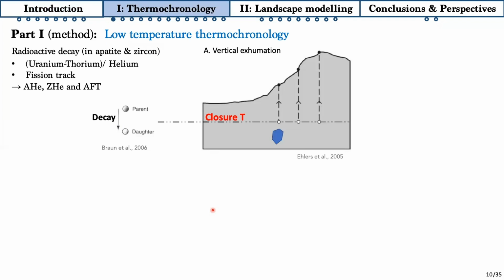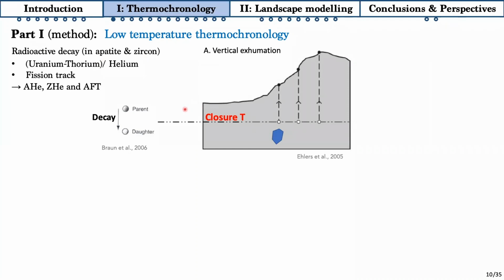For the first part, the method that I used is called low temperature thermochronology, which is based on the radioactive decay of the parent elements like uranium and thorium, generating daughter elements like helium and the fission tracks in minerals like apatite and zircon.